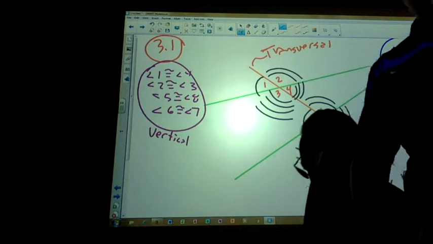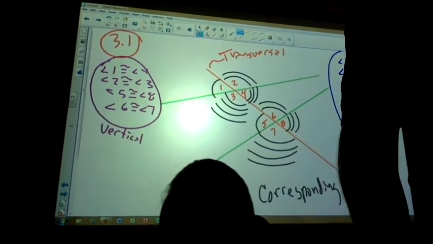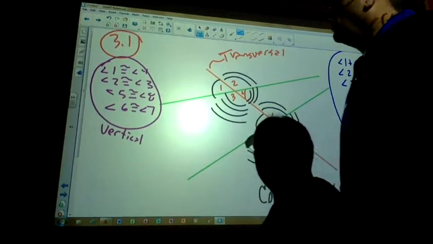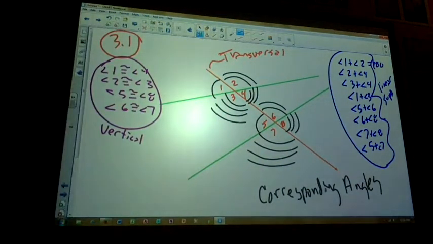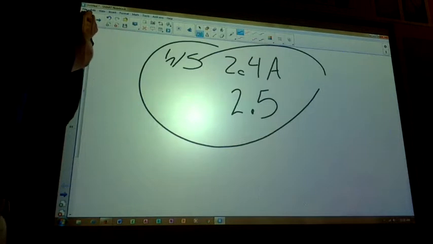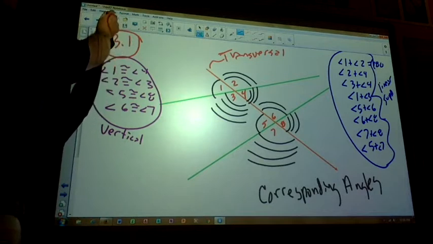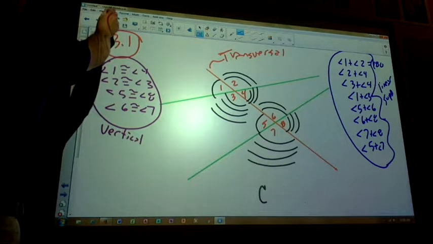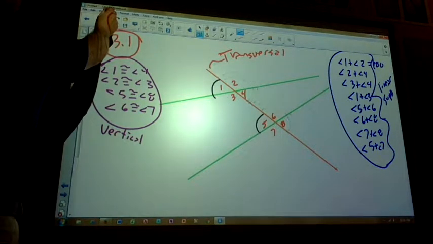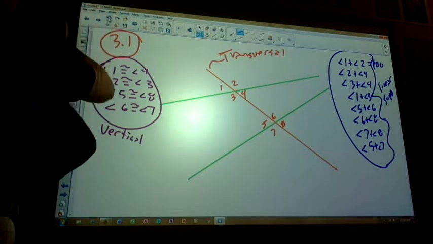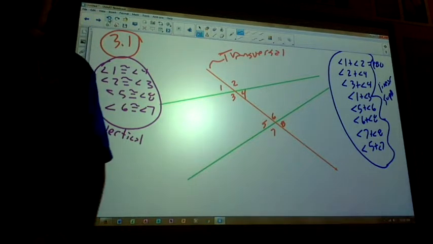Oh, my camera wasn't centered. All right, so can I get rid of the corresponding angles for right now? We good? Undo. All right, so those are corresponding angles.